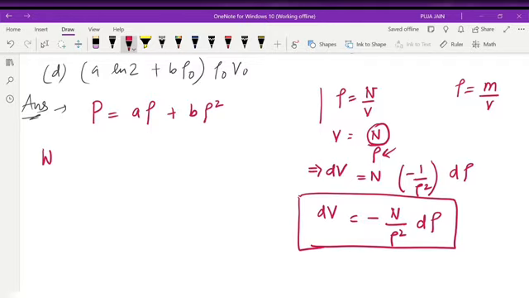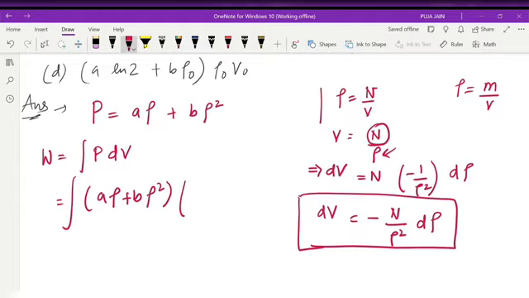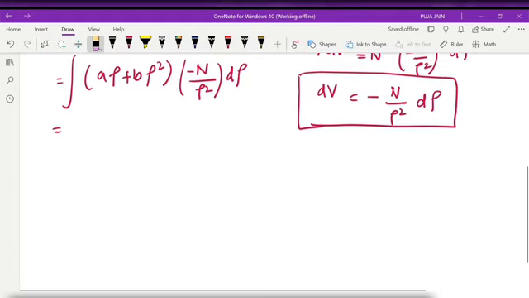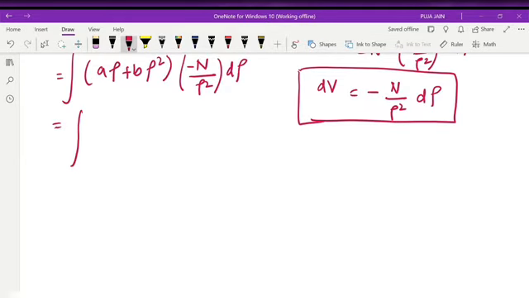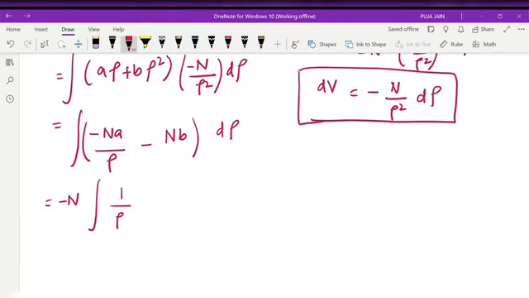We know work done is equal to integration of P dV. P is already given, A rho plus B rho square. dV we calculated as minus N by rho square d rho. Now integrating, we get minus N A by rho plus N B d rho.